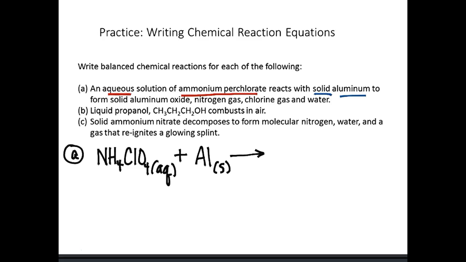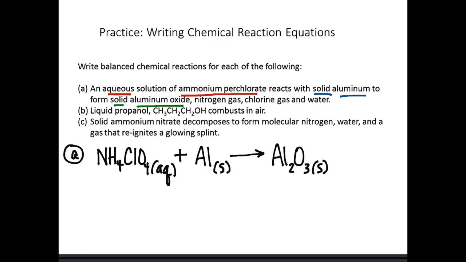You do need the (s) in parentheses. It does tell you solid aluminum there. And when you see the words "to form," that means the arrow goes there. Okay, so then the arrow, solid aluminum oxide. Aluminum oxide is just binary. It's a binary salt. Binary means it has 2 elements. Salt means it's an ionic compound.